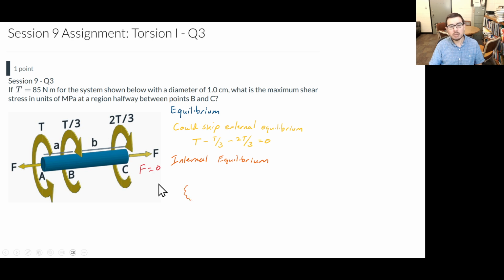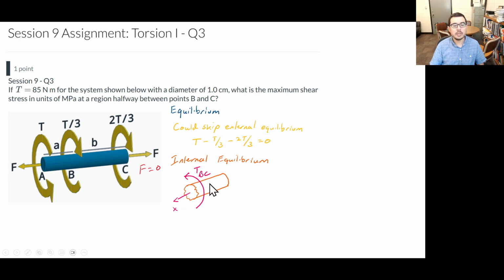Let's, in particular, focus on the region between B and C. If we're drawing this sectioned cylinder, this would be C on this side, and this would be somewhere intermediate between B and C. It's a good idea to follow the convention that we've laid out for internal slices, and that is that we define a torque to be positive when it's in the direction corresponding to a vector coming out of the face that's been sliced.